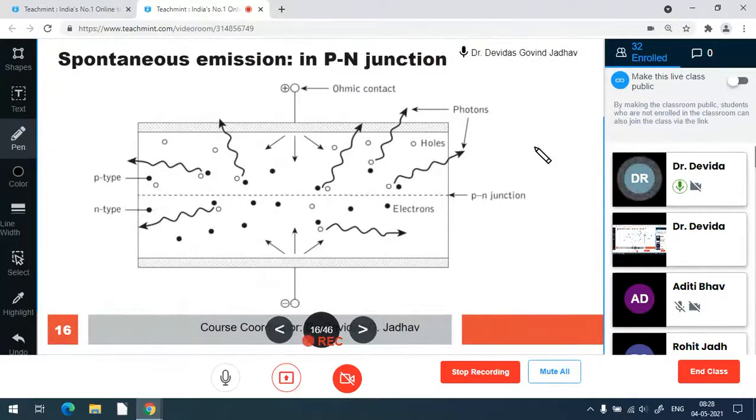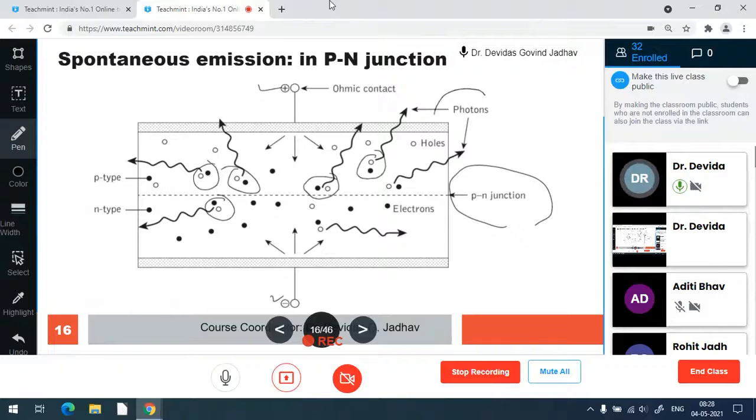The junction is forward biased with positive and negative supply on the P side and N side. Charged particles from both sides cross the depletion layer and electron hole recombination takes place, and this recombination is completely random in space, time and direction. That's why it is incoherent. Photons are all incoherent, but all are monochromatic.